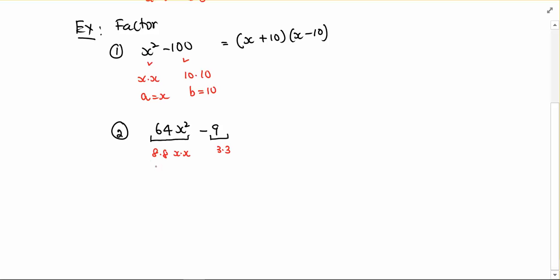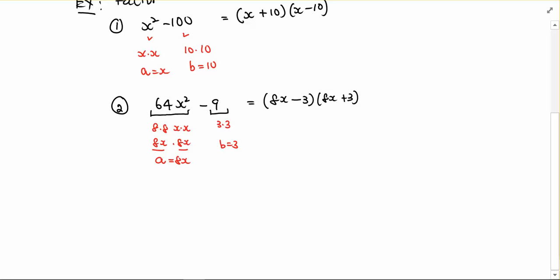So really what we have here is 8x times 8x if you move things around. So that indeed is a perfect square. So a is 8x and b is 3. Once we figured that out, this is (8x minus 3)(8x plus 3).